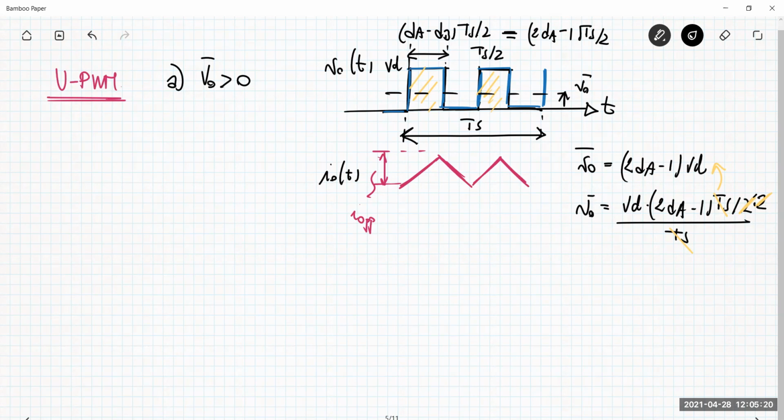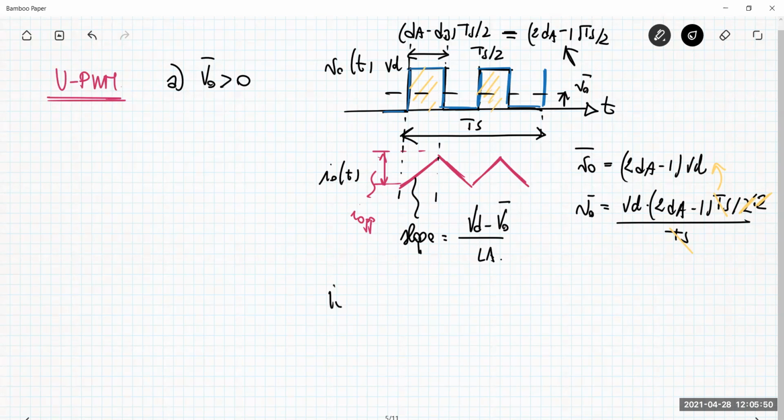So the slope here is Vd minus the average value over La. If you want to get the ripple, you have to multiply this slope by the duration of the interval in which the current goes up, and this interval is exactly 2 da minus 1 Ts over 2.